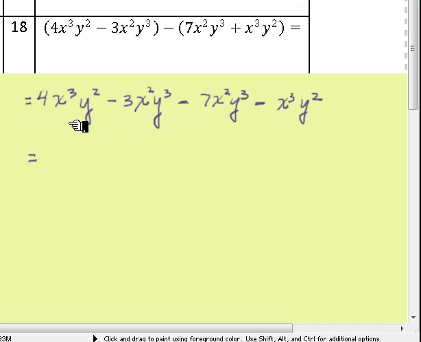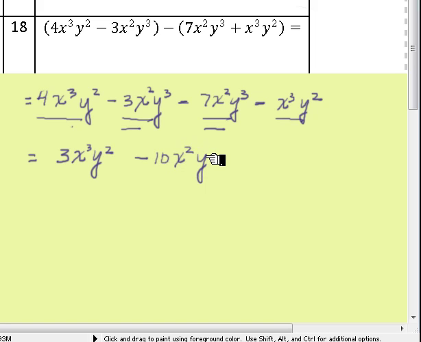Here's another one. Here we have like terms. Let's add those. And we get 3x cubed y squared. And here we have x squared y cubed, and here's another x squared y cubed. So let's combine those. Minus 3 minus 7, we have minus 10x squared y cubed.